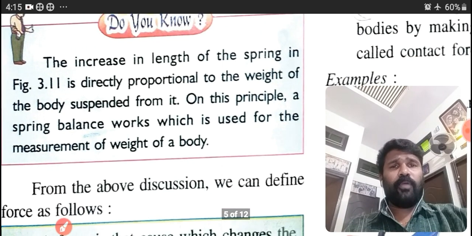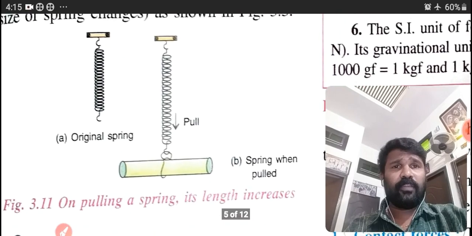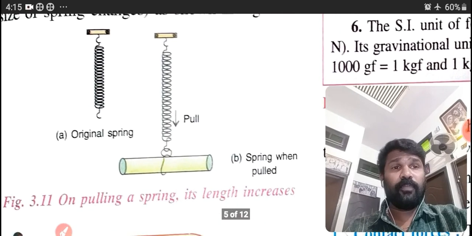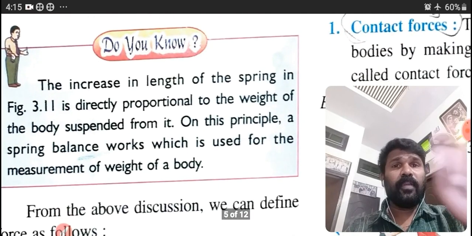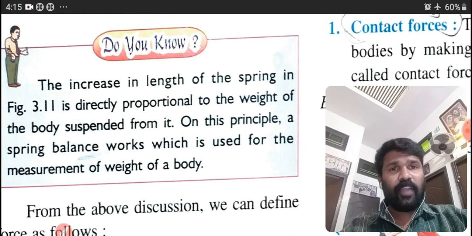Now, do you know the increase in length of the spring in figure 3.11? Okay, just observe. The increase in length of the spring is directly proportional to the weight of the body suspended from it. On this principle, a spring balance works, which is used for the measurement of the weight of a body.